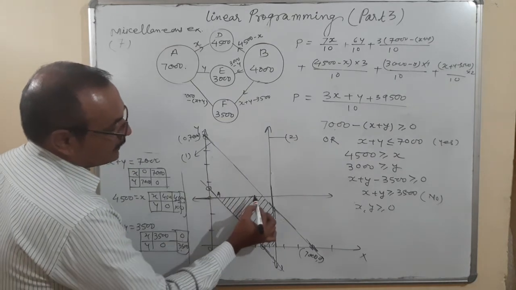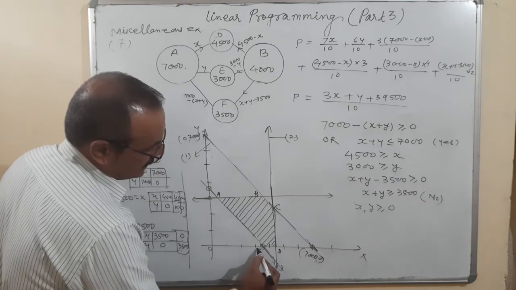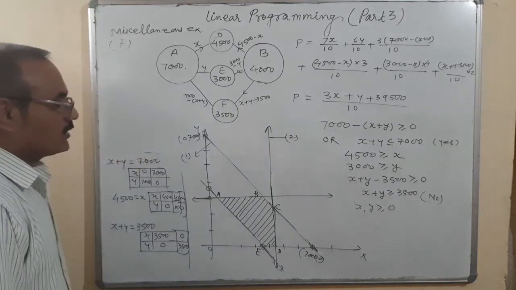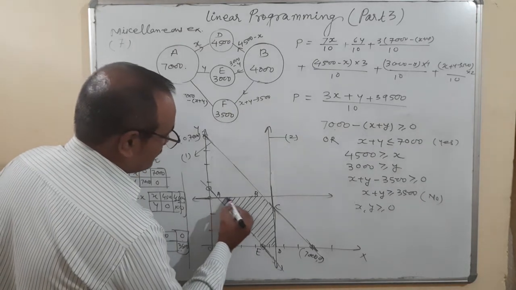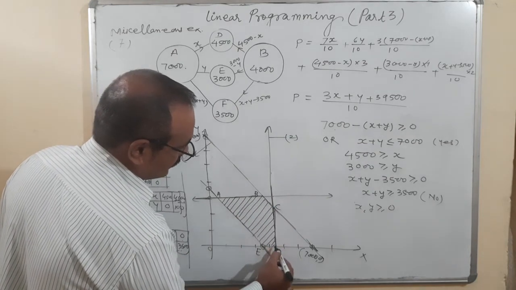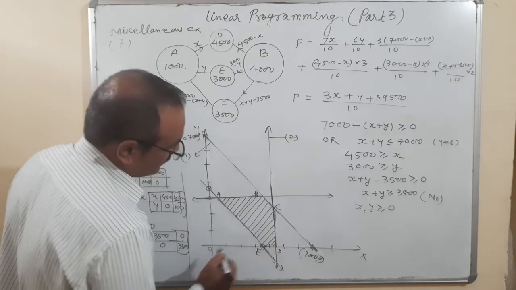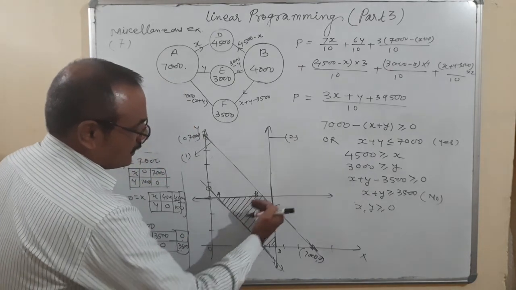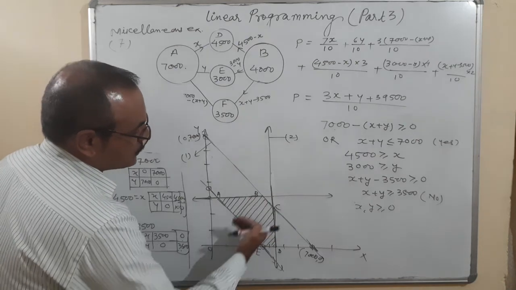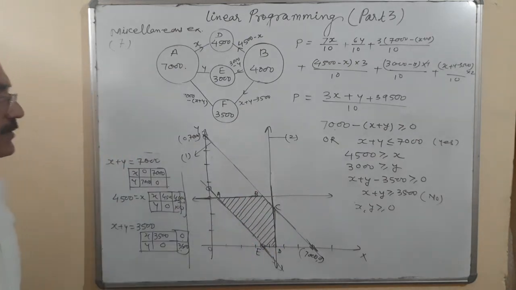Give the names A, B, C, D, and E. These are the corner points, and this is the feasible region. You can check it. The last line is away from the origin, the others towards the origin. So this is the feasible region. Now we are going to find the corner points.